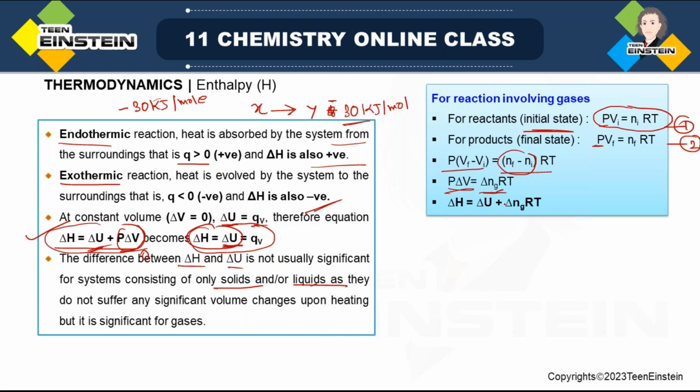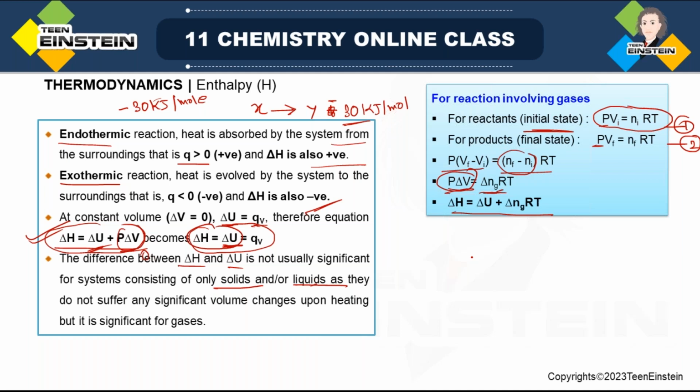That is why the g subscript is used. Now in the equation del H equals del U plus P del V, in place of P del V we will write del ng RT. So this is the equation you can use when you are dealing with reactions that involve gases.